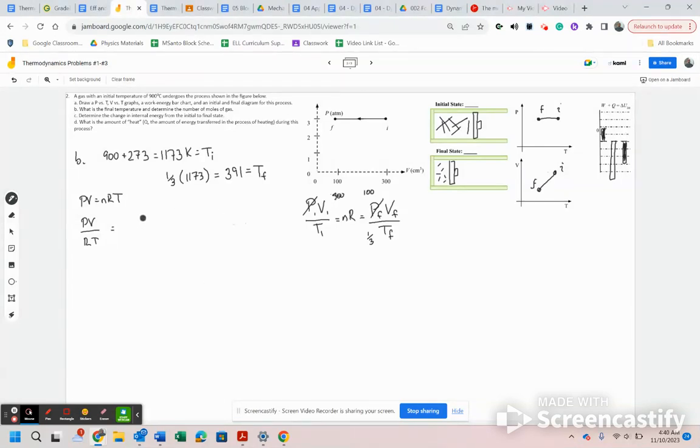So in order to figure out the change in internal energy, we are going to need to know the number of moles. The pressure is 3 times 10 to the 5th pascals, which in atmospheres is 3 atmospheres.